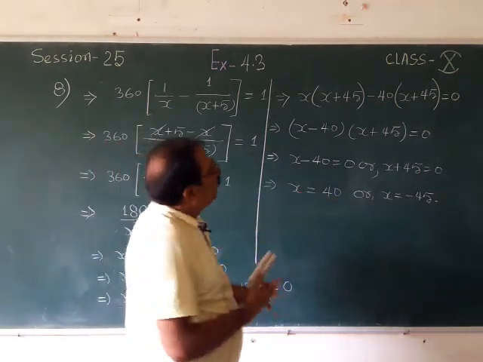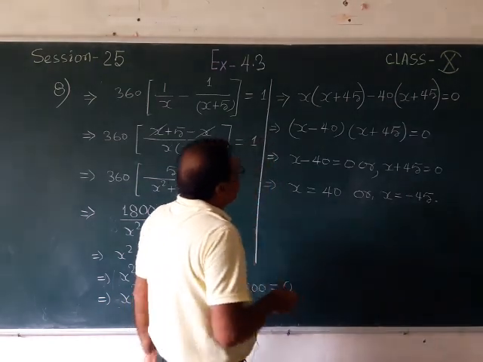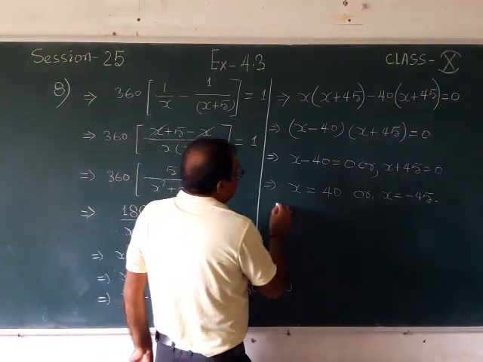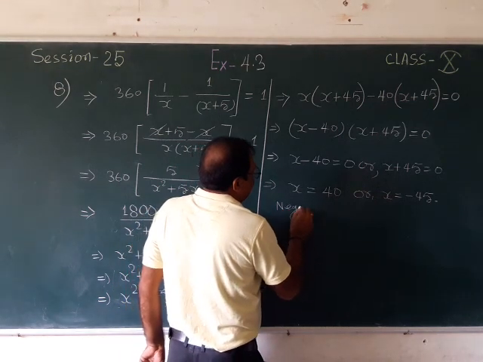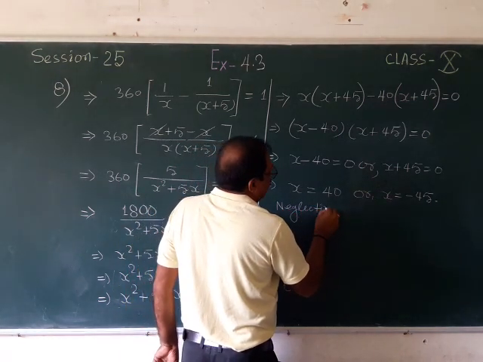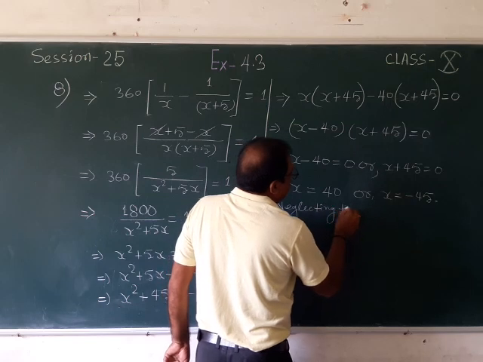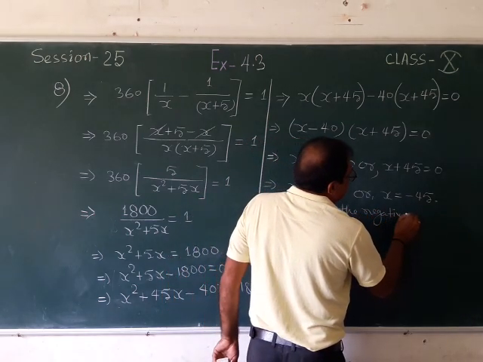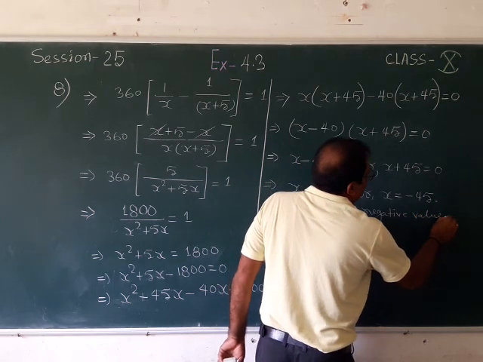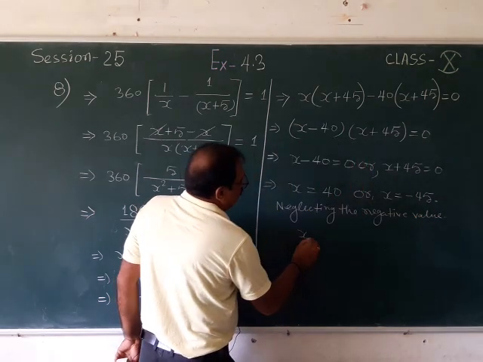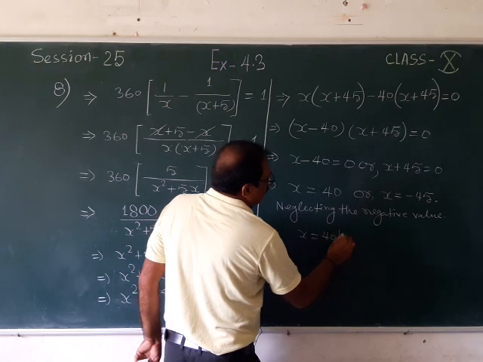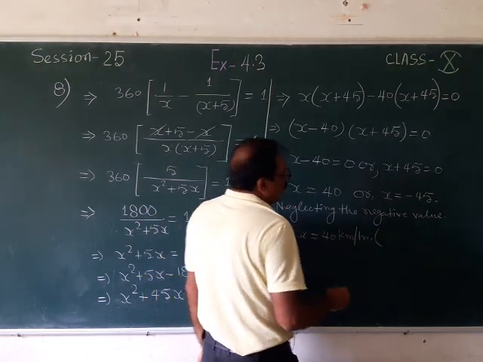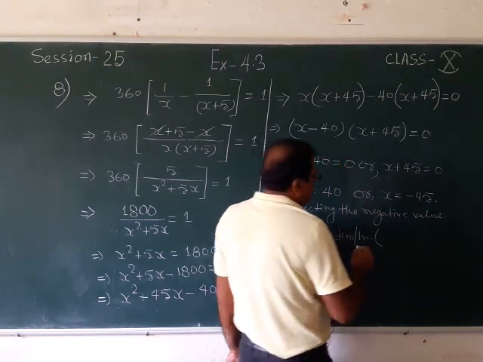So minus 45 will be rejected, since the speed of the train cannot be negative. So neglecting the negative value, x is equal to 40 kilometer per hour, and it is the usual speed of the train.